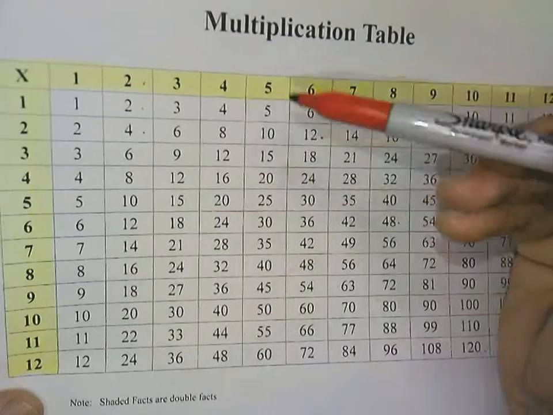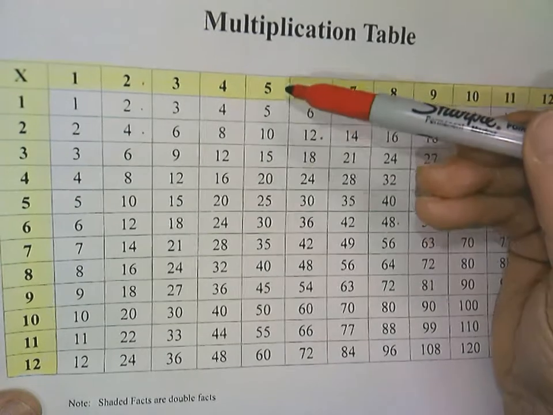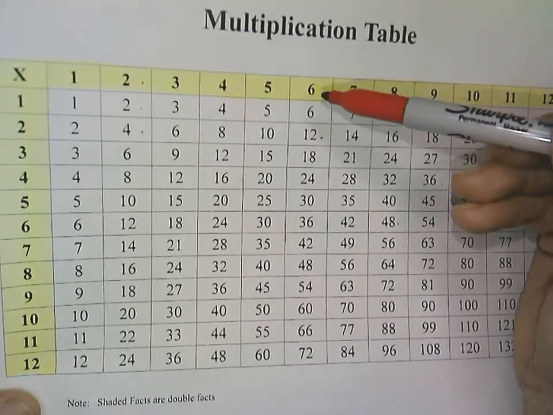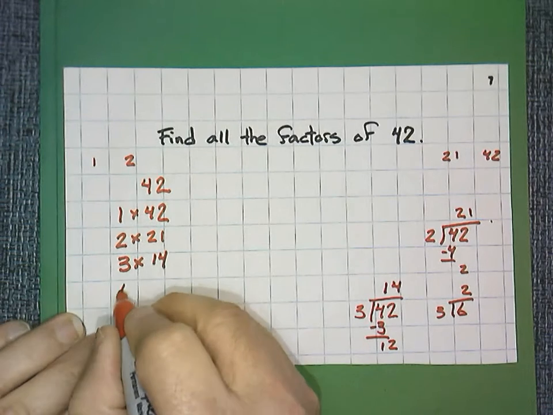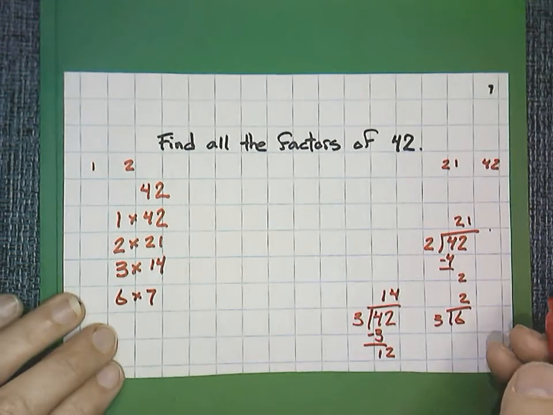I'm not seeing 42, so we can eliminate 4. 5 will not go into 42. Remember we said to be 5, it has to end in a 5 or a 0. How about 6? Yes, 6 would go 7 times. So 6 times 7 would equal 42.